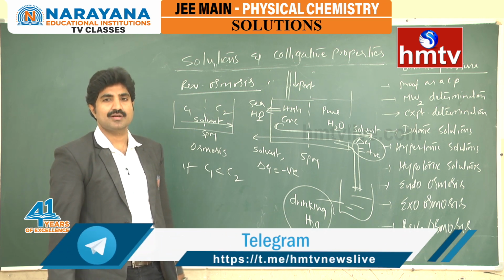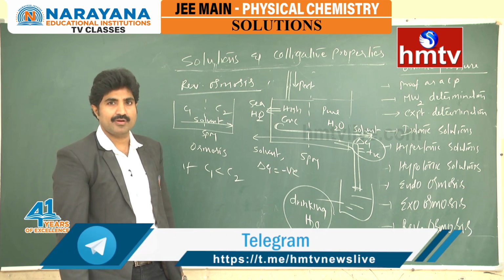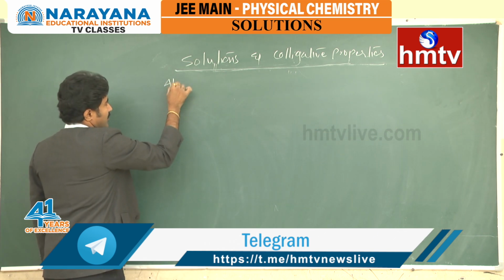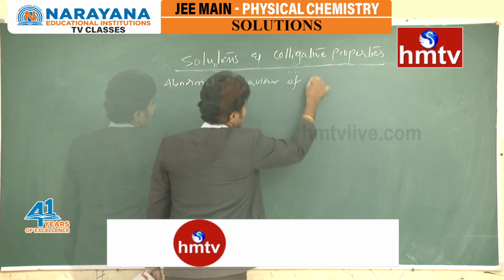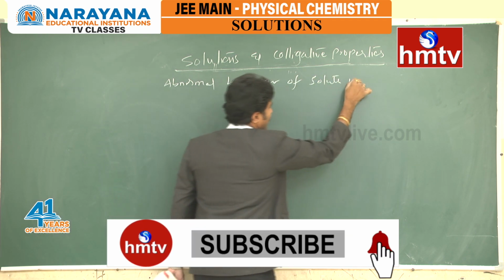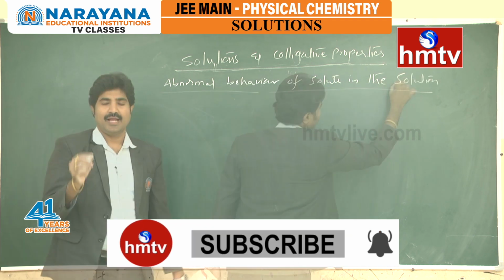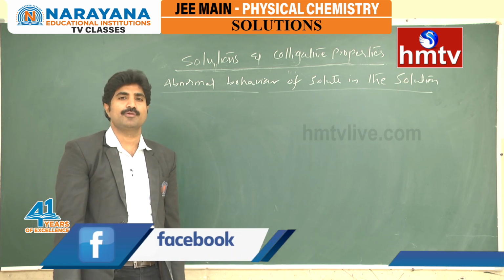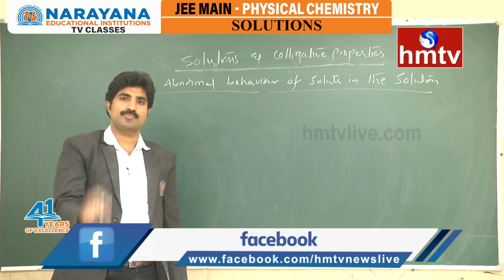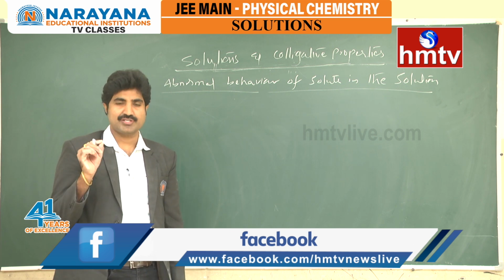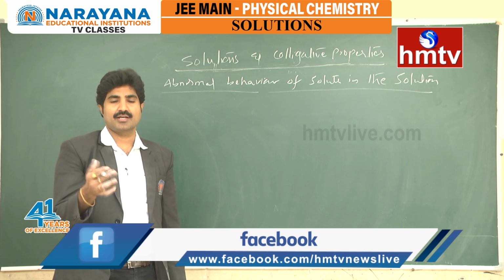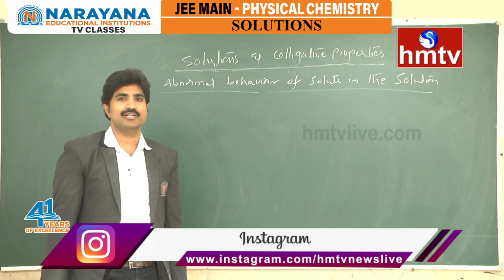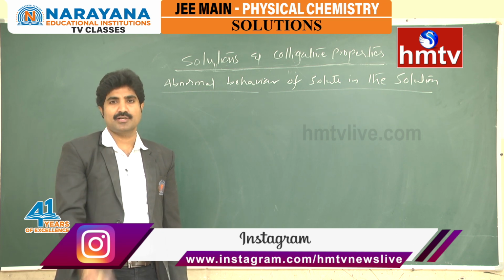Now see the next concept, abnormal behavior of solute in the solution. Actually in colligative properties we have discussed majorly 4 colligative properties. In every colligative property we studied the definition, equation, units, calculated equation, proof as a colligative property, molecular weight of solute determination, and experimental determination.